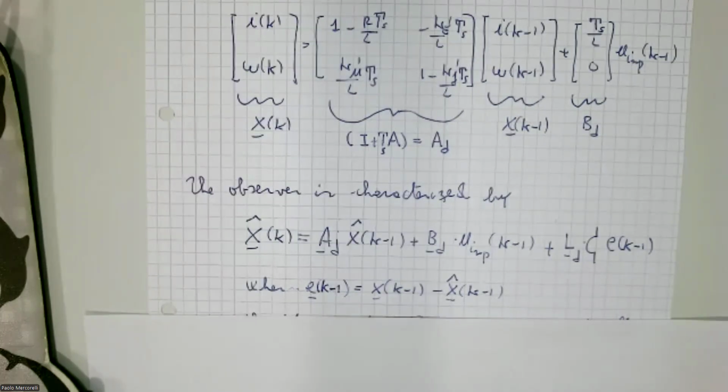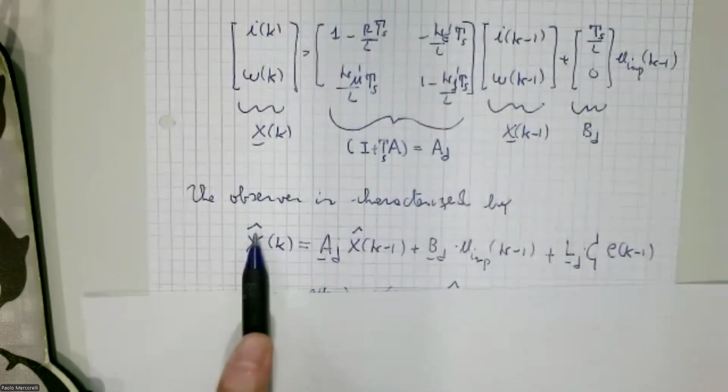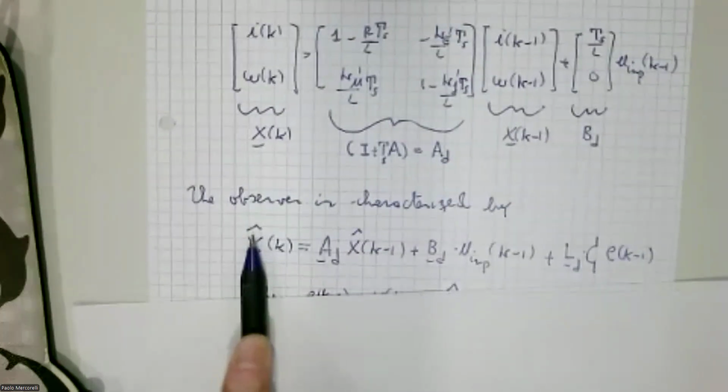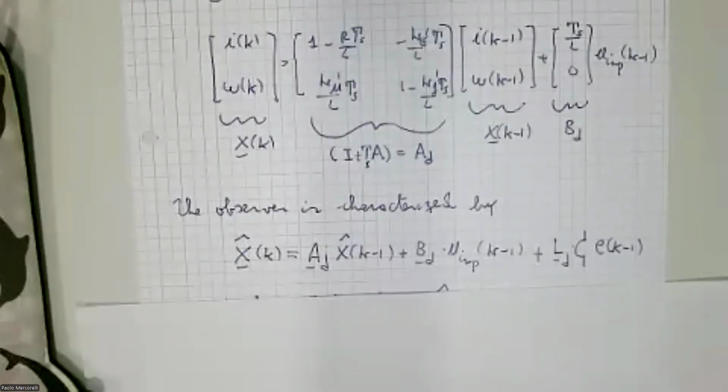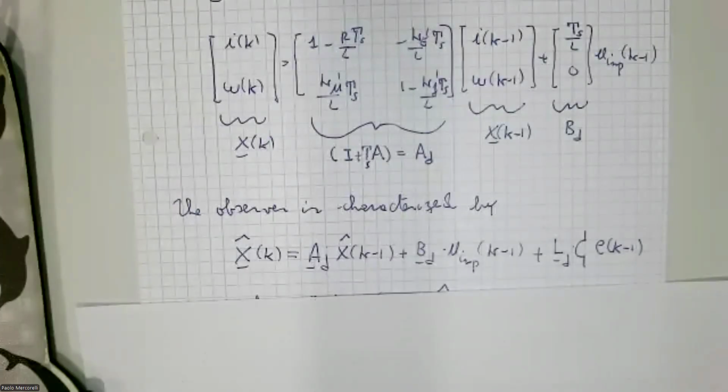It characterizes the observation or estimate. If you want, you can use the word estimation, even though estimation is more oriented to an optimal observer. The Kalman filter is an optimal observer, in which an optimization technique is inside. But anyway, we can use, in my opinion, both words.